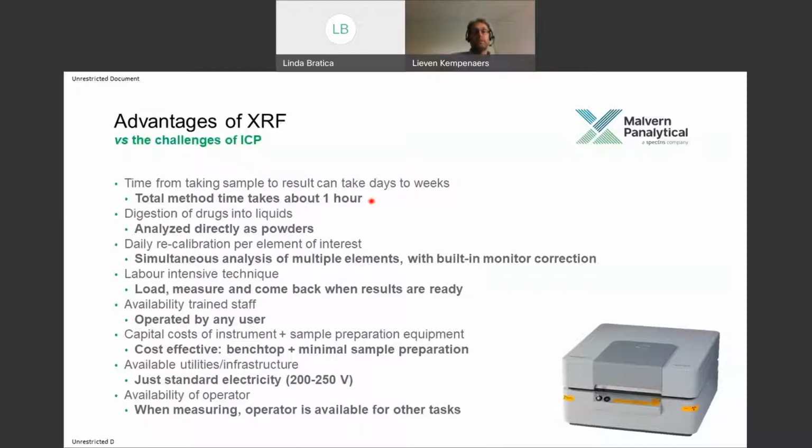It's also a very cost-effective method because the benchtop and the sample preparation equipment, if necessary, is the only thing that is necessary. You don't have all the infrastructure, you don't need a fume hood and expensive acids and liquids. And also, once the instrument is being used and measuring, the operator can do other things.